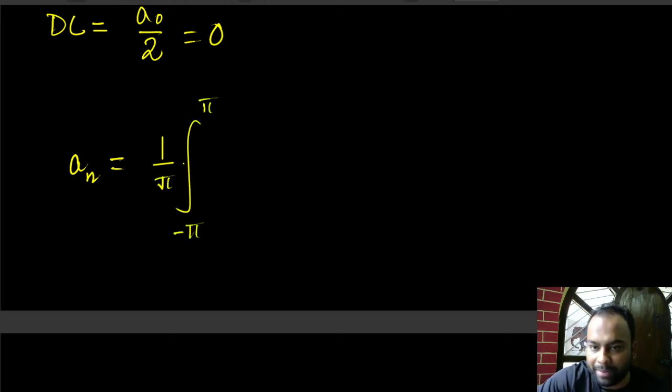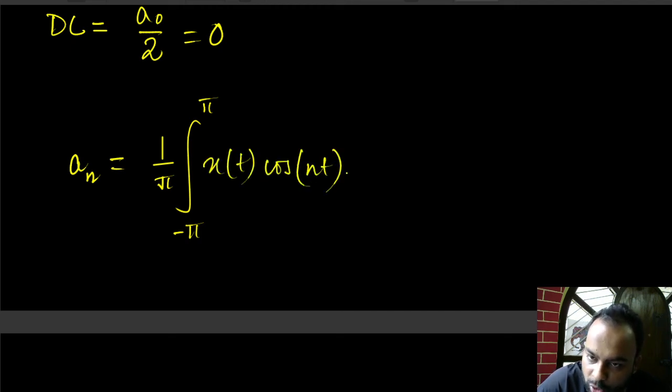I basically multiply the signal with cosinusoids of different frequencies, and I get the coefficients of those particular frequencies. When n is equal to 1, it gives me the coefficient of the 1 radian per second cosinusoid implicit within the signal.